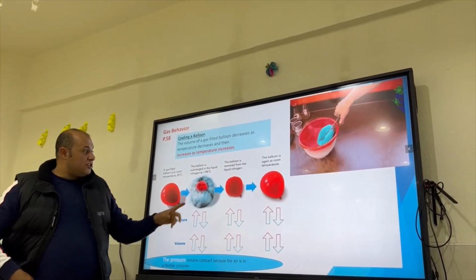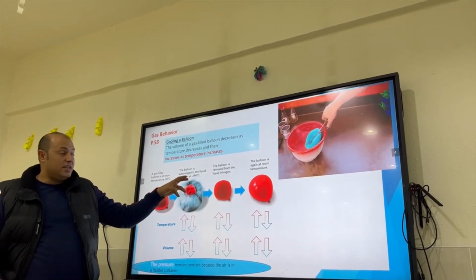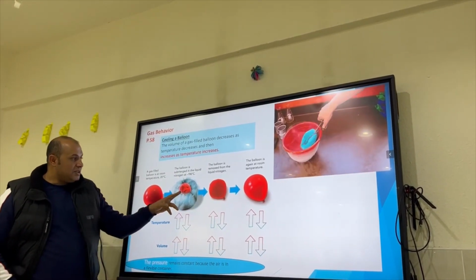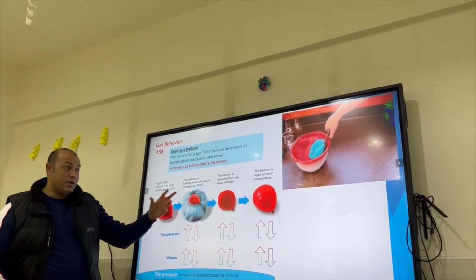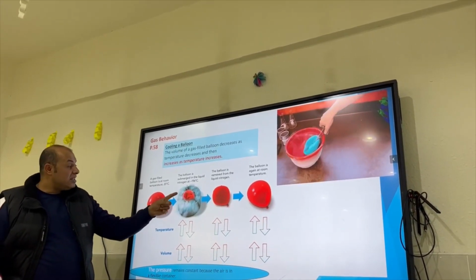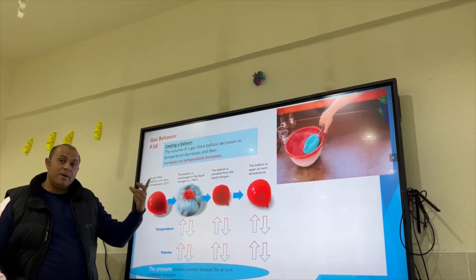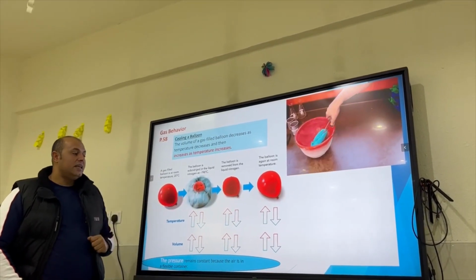Its temperature is minus 196. Look what happened to it. Its volume decreases, or collapses. Why? Because the temperature of the gas inside the balloon decreases, so its volume decreases.